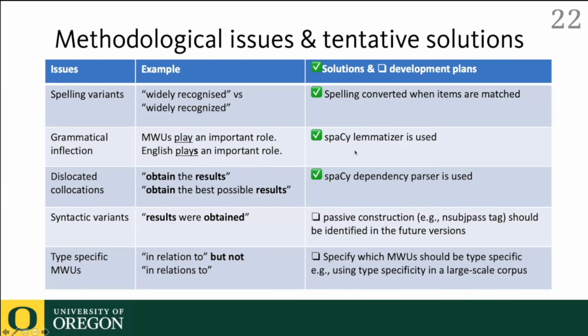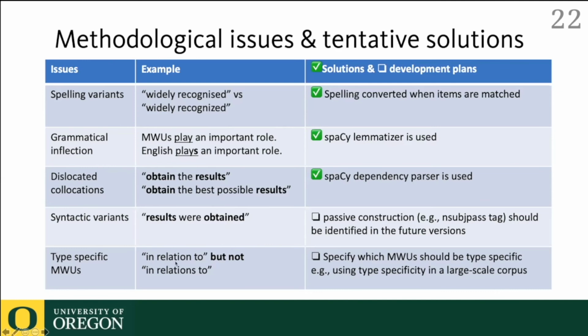And dislocated collocations are handled by the dependency parser, which identifies direct relationships. Syntax variants are something I need to work on. For example, "obtain the results" can be extracted easily, but sometimes the passive construction is involved, like "results are obtained". This needs to be added in a future version.